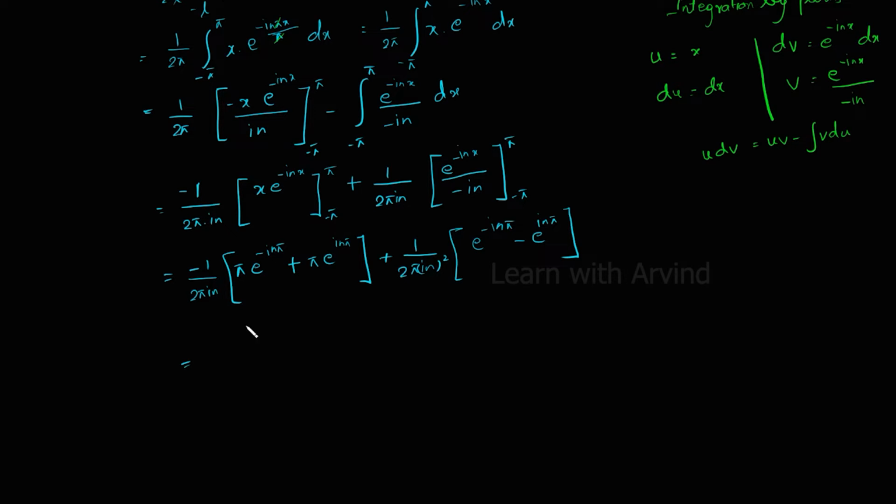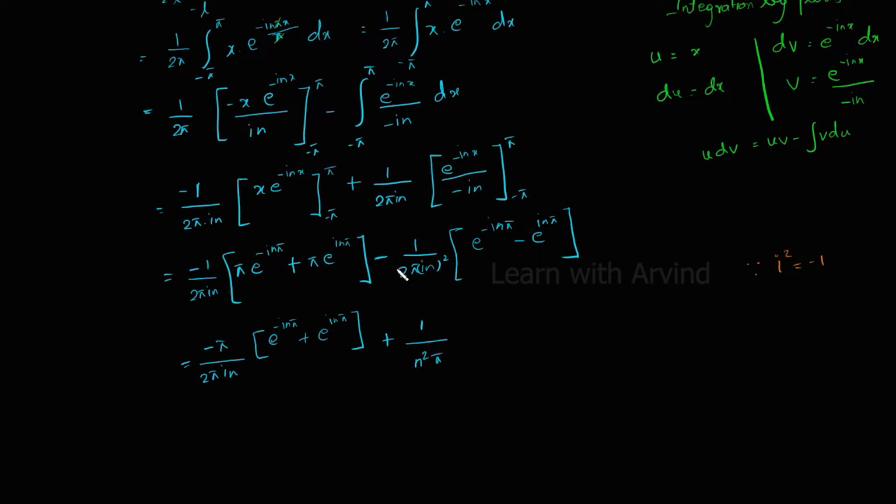Now taking pi as common, we are left with this. Since i squared is equal to minus 1, sorry, I made a mistake, this is not plus, this is minus, since we took this minus in common.